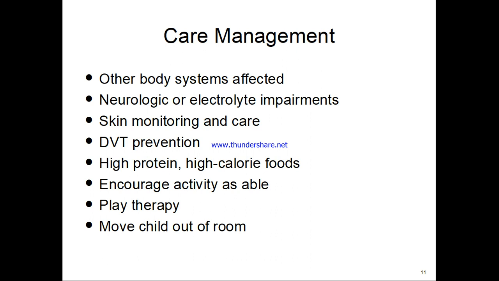So, general care management for the immobilized child. For one thing, we're not going to neglect any of the body systems that may be affected. We're going to holistically consider how all systems are involved. We're going to address neurologic and electrolyte impairments. We're going to monitor skin and do meticulous skin care, DVT prevention, mobilization, compression if indicated, high protein, high calorie foods to maintain nutrition, encourage activity within their ability.